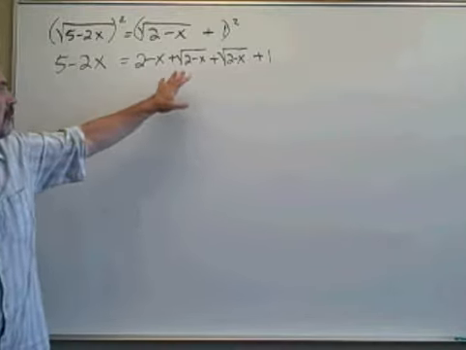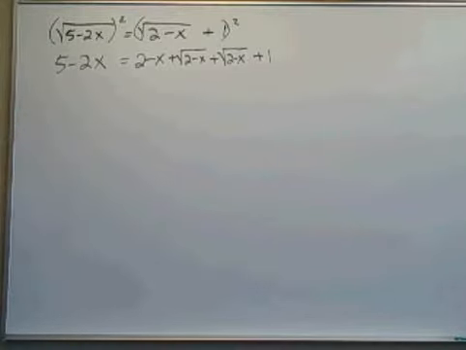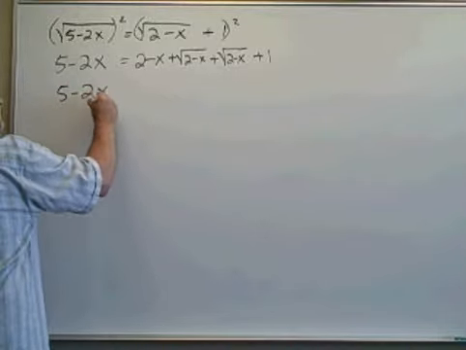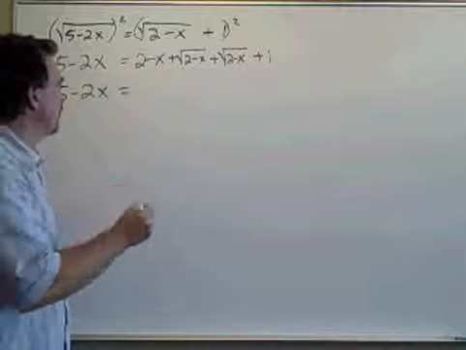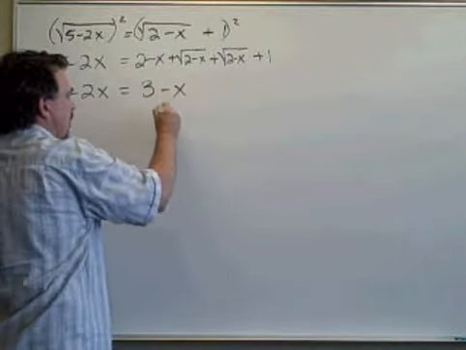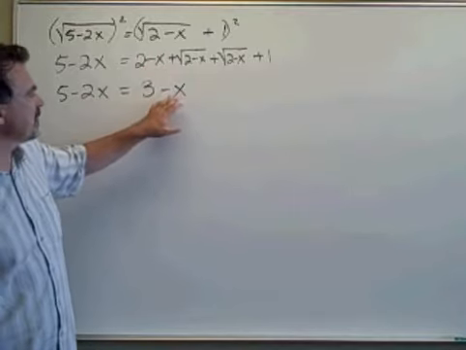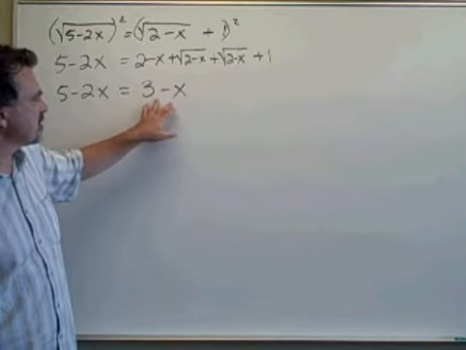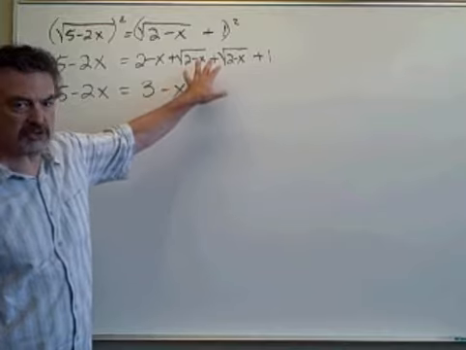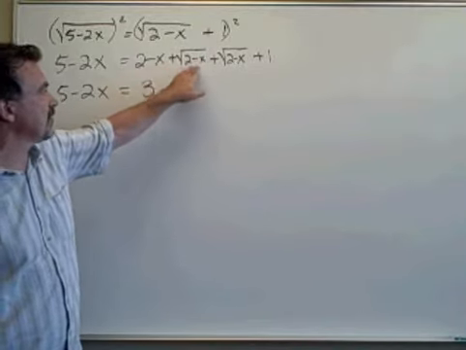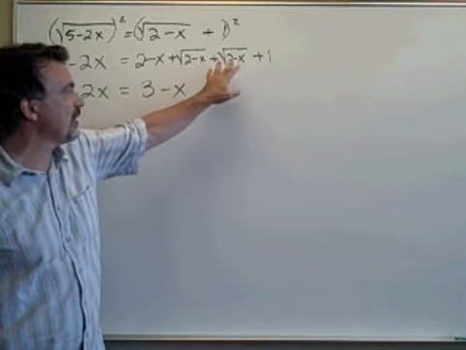Now let's see if we can combine some like terms in that right-hand expression. 2 plus 1, that's going to give me 3. So I have 3 minus x. I can't combine terms that are outside of a radical expression with terms that are inside a radical expression. But this says I have one of the radical expressions and I have one more.